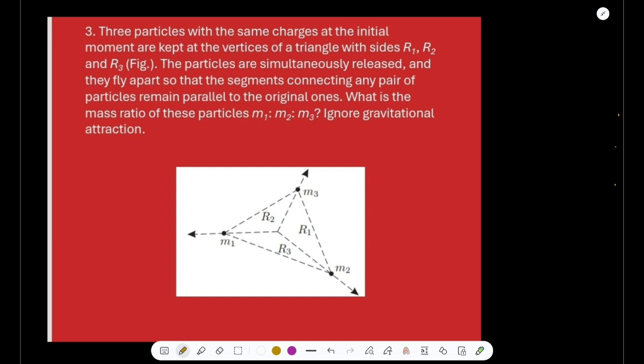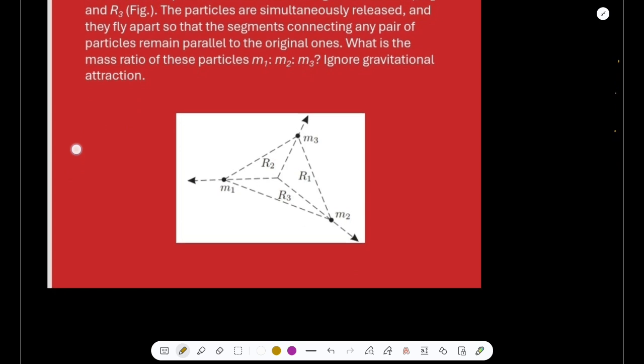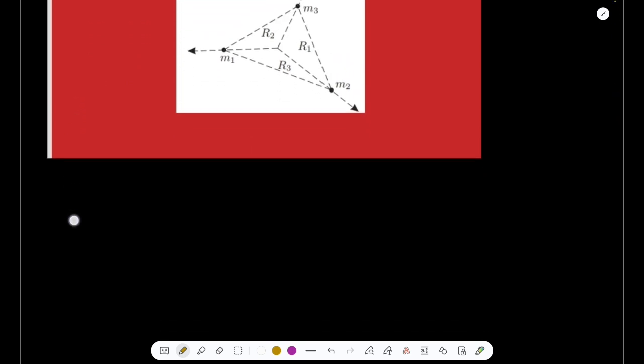So this is a great problem, no doubt about it.